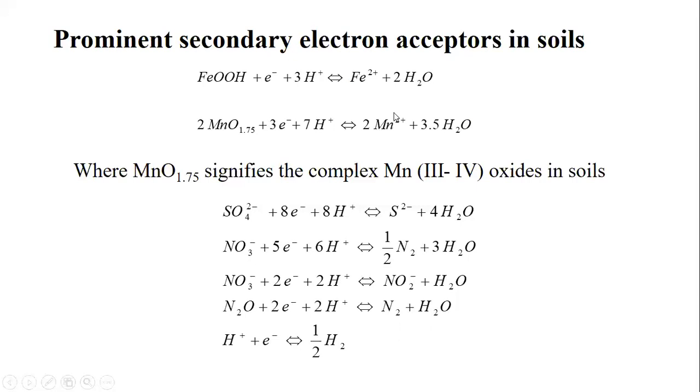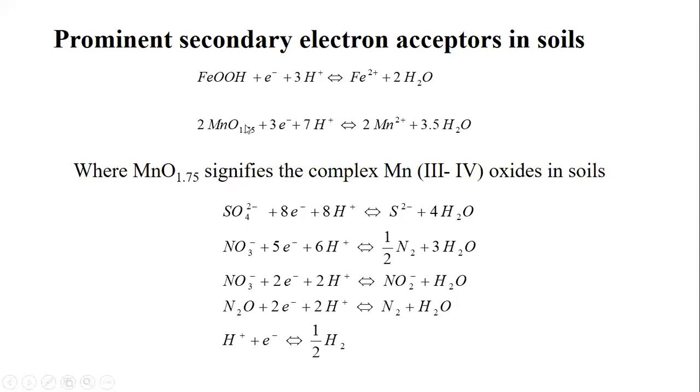If it becomes 2+, that's reduction, okay? So here is also reduction. Iron here is ferric, and it became ferrous. The 1.75 is the average, to indicate that this is really a combination of two valences of manganese.